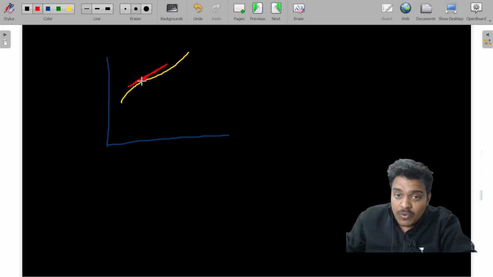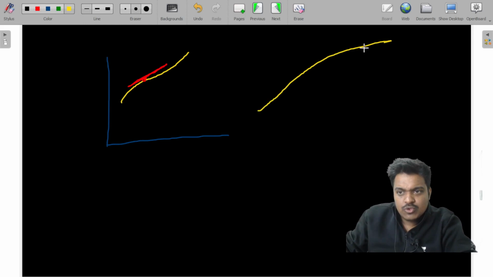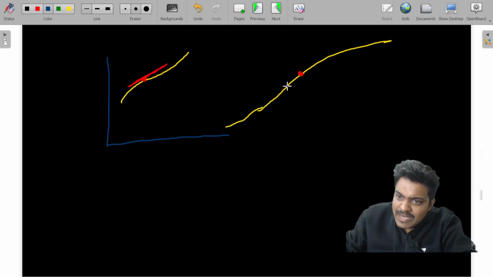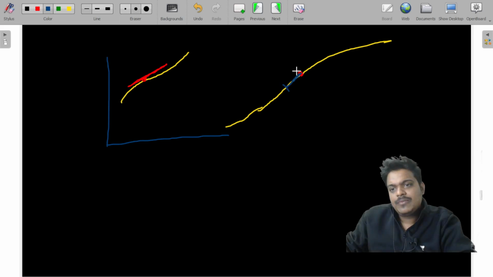Now, if you need to draw the tangent, I'll zoom it up for you. Suppose you need to calculate the differentiation at this point. So now there will be a left hand derivative, that is, you will take a left point and try to calculate the differentiation with respect to the previous point.